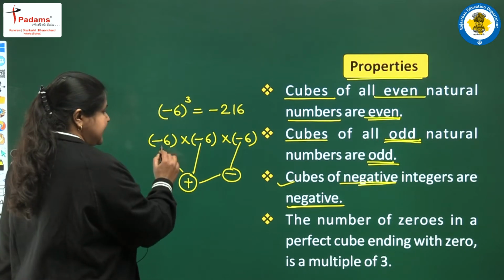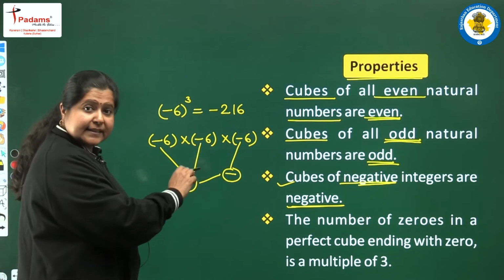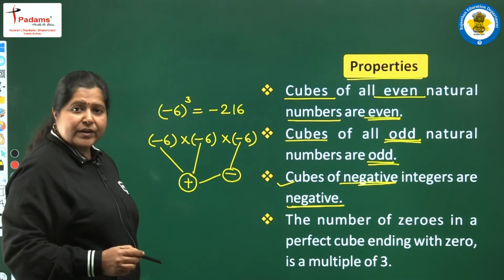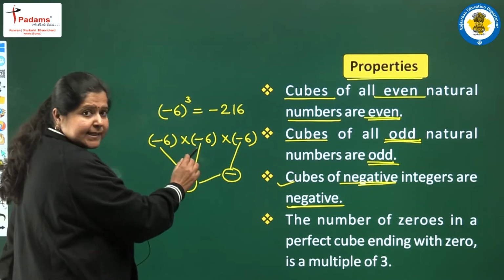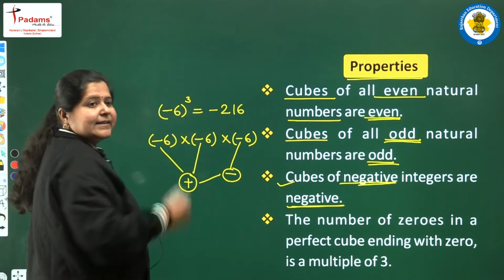When we multiply 6 by itself 3 times, 6 6 are 36, into 6 it is 216. लेकिन यहाँ पर माइनस भी आएगा, माइनस माइनस प्लस, और प्लस माइनस will give us minus.